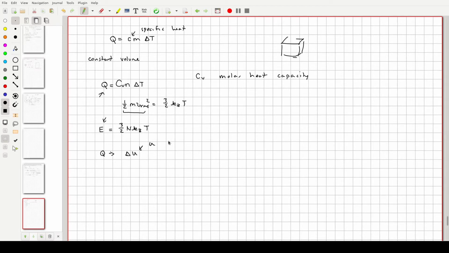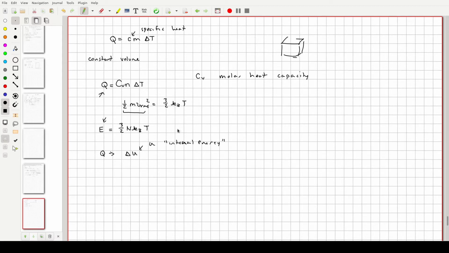Now we use U for what's called internal energy. And it's the same thing as this. It's basically your, at least initially, change in kinetic energy on the inside.